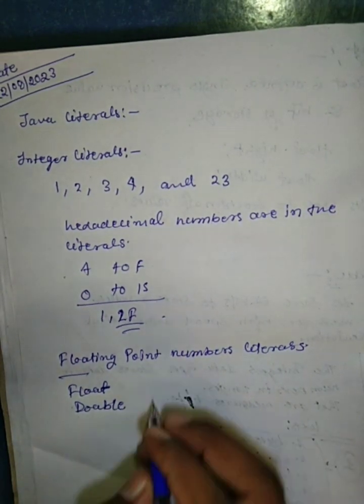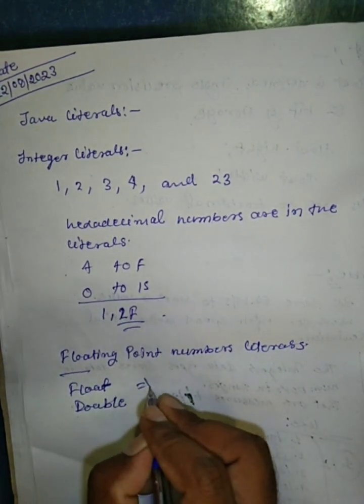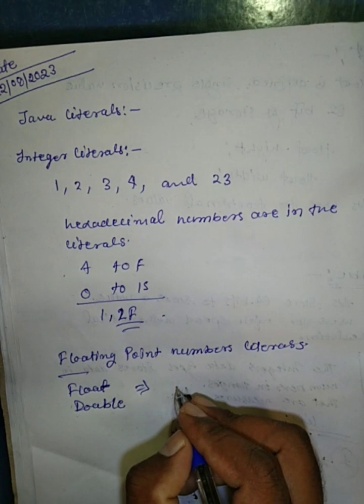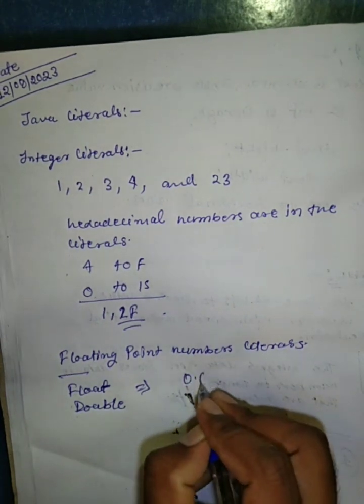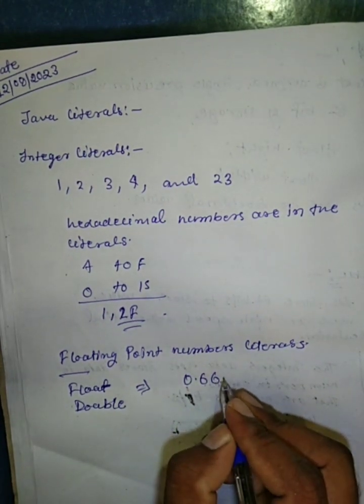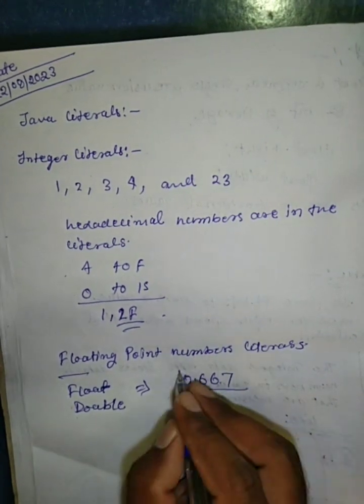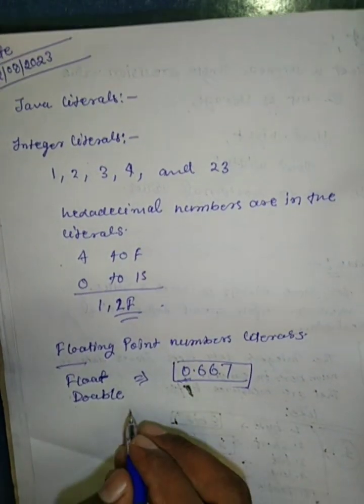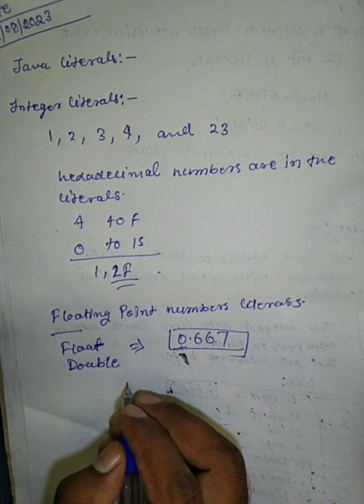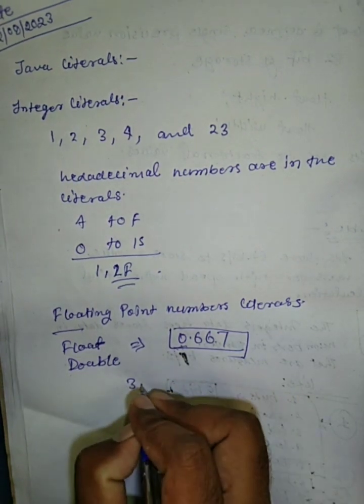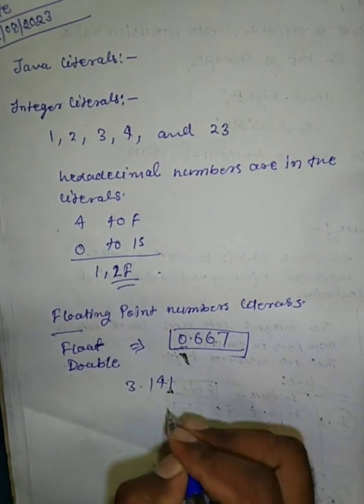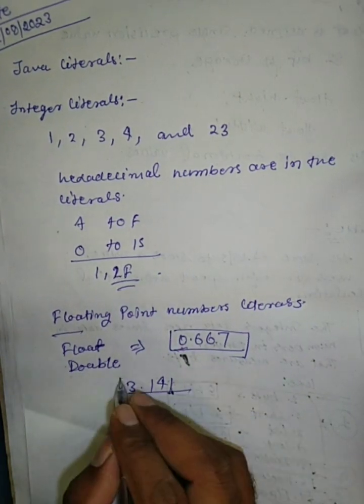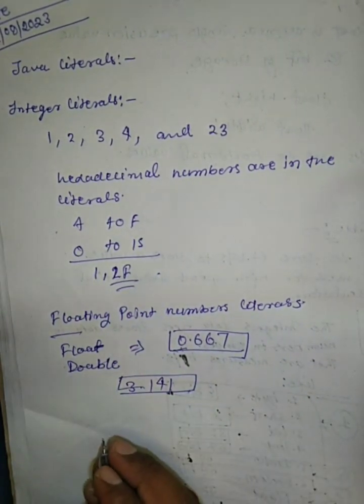Floating point numbers are written like this: 0.667. These are the literals in the floating point numbers. Or it can be like this: 3.141. These are also literals in the floating point numbers.